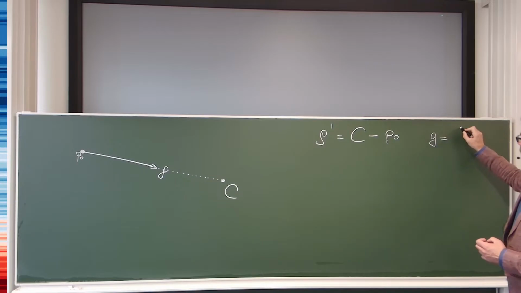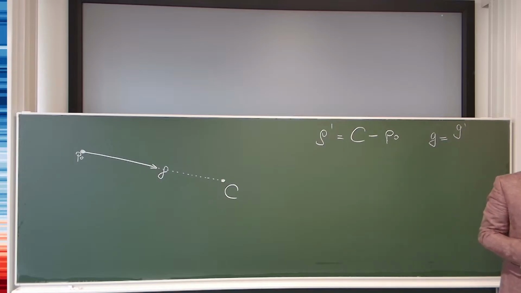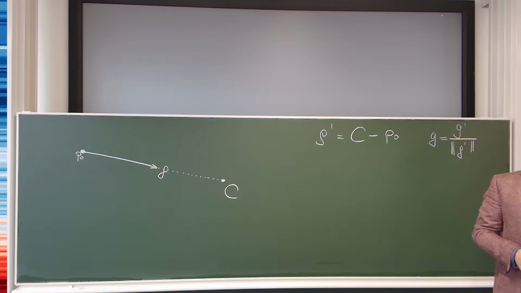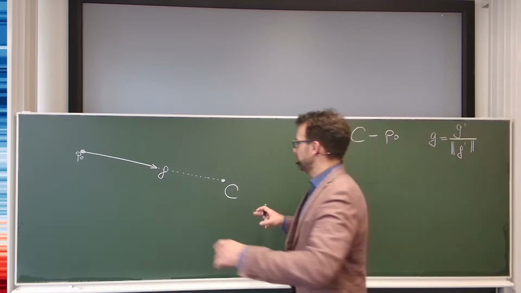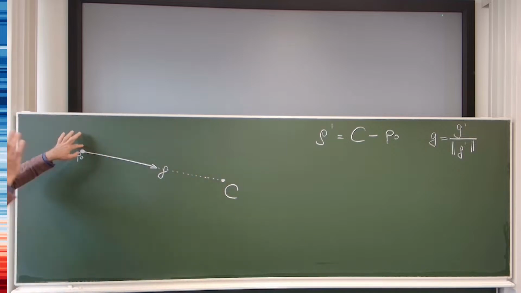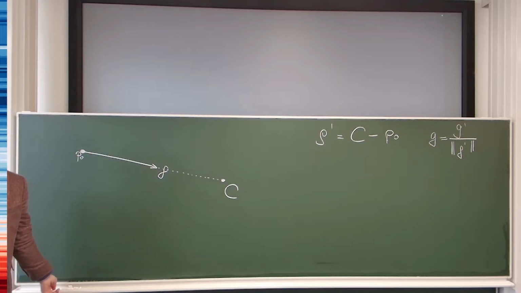Well, we take g dash and divide it by its length. If g dash, the vector starting here going all the way to C, let's say it has square root of 17 units of length. If I divide the square root of 17 units of length by the square root of 17, surprise, I get 1 unit of length.